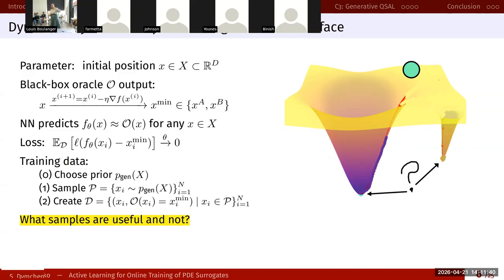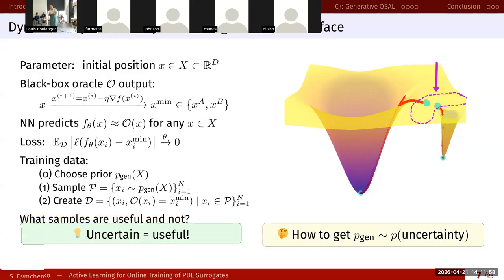When you're looking at the surface, it can be easy to guess that for a lot of starting positions, the outcome will be going directly into one bit or another. But there is this region of starting positions on the border between the two of them, where you will be uncertain about the outcome.